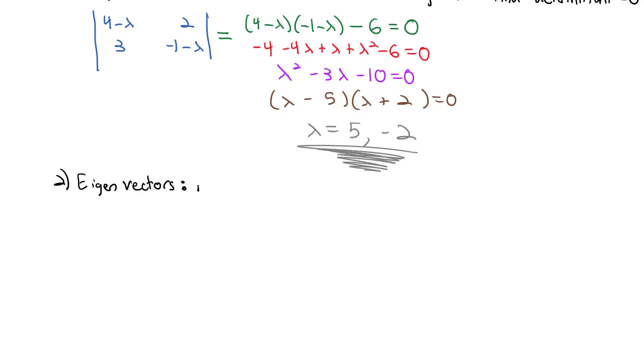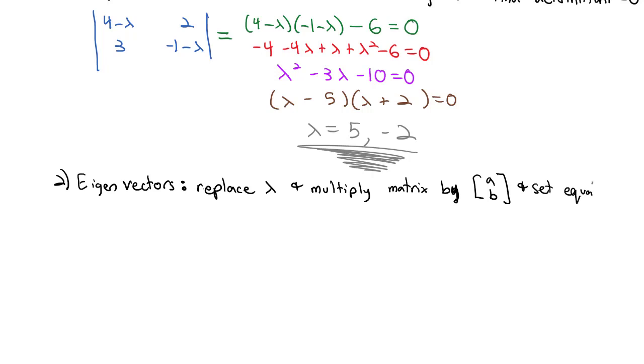And to find the eigenvectors, we replace our lambdas with what we found them to be equal to, 5 and negative 2, and multiply the matrix by a matrix AB and set equal to 0. So here's what I mean by that.